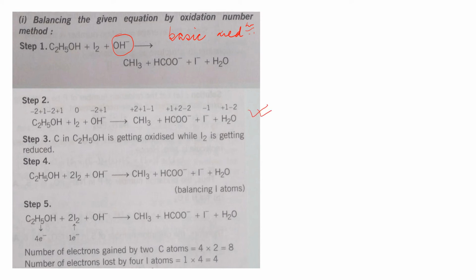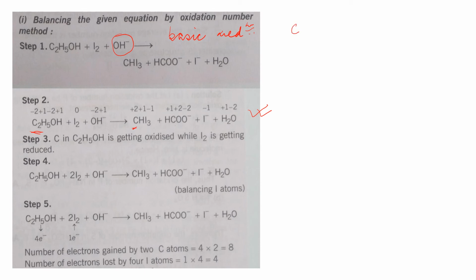Now after writing the oxidation number, the third step is to see which atom is undergoing oxidation and which atom is undergoing reduction. Now in this reaction, you can see that the oxidation number of carbon is changing from -2 to +2.